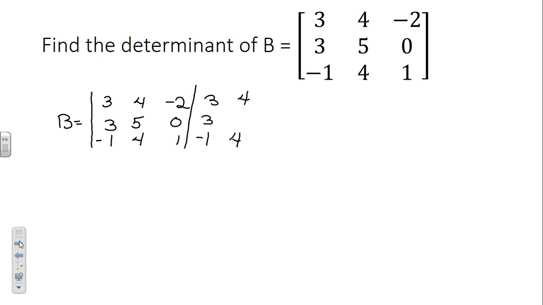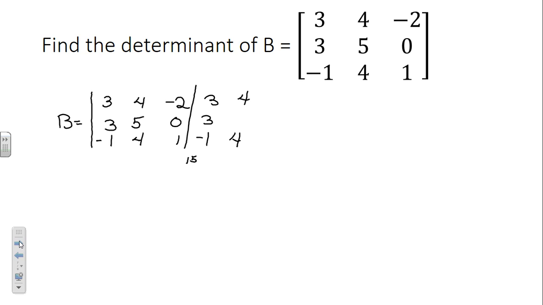All right, now, the reason I keep telling you to change the sign of the upper diagonal is so that you don't have to think, okay, I'm subtracting here, I'm adding here. Because watch what happens. On your downward diagonals, we're going to multiply and keep the sign the same. So 3 times 5 times 1 is 15, right?